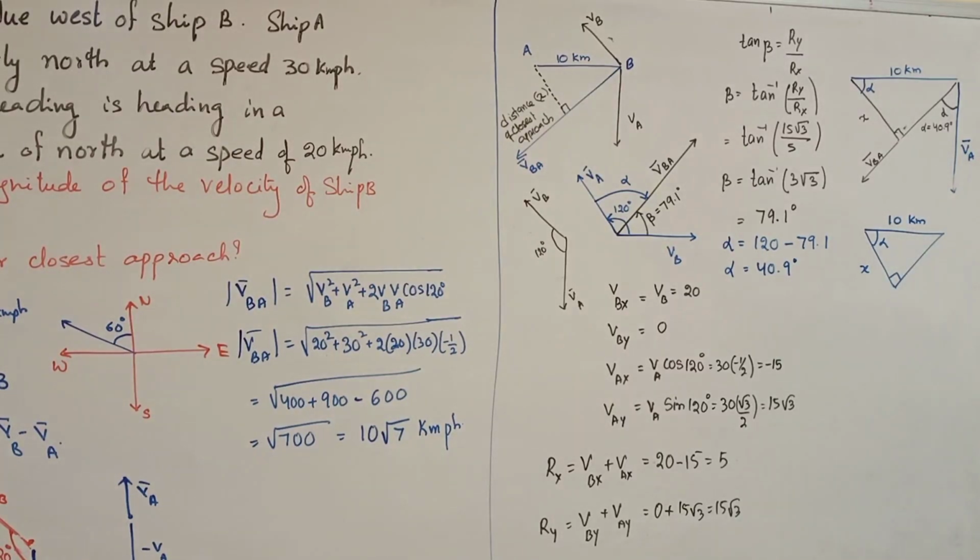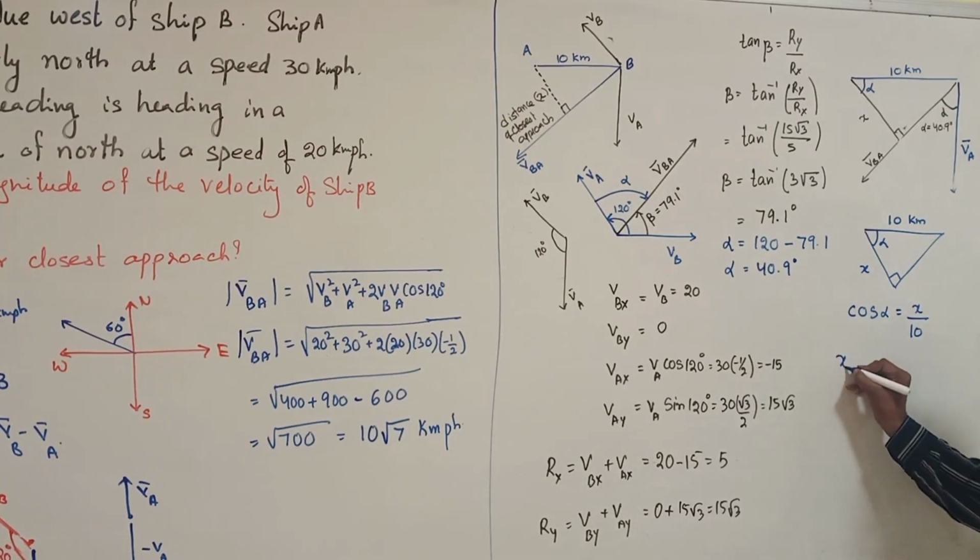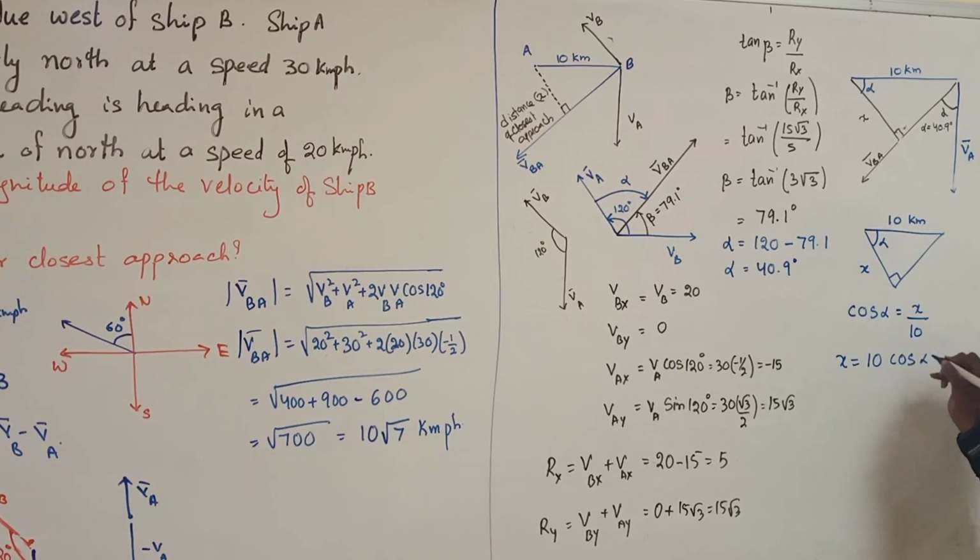Now according to the right angle triangle rule, cos alpha is equal to adjacent side by hypotenuse. X is equal to 10 cos alpha.